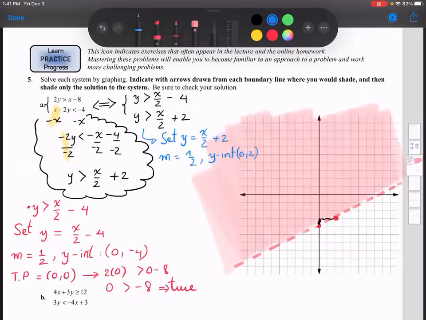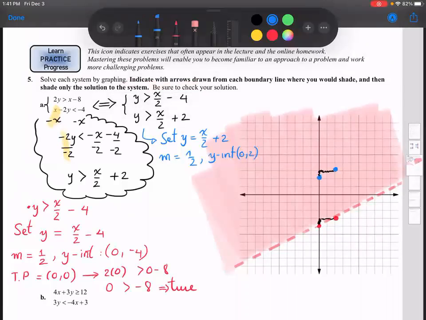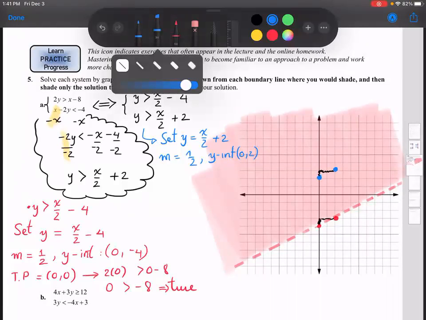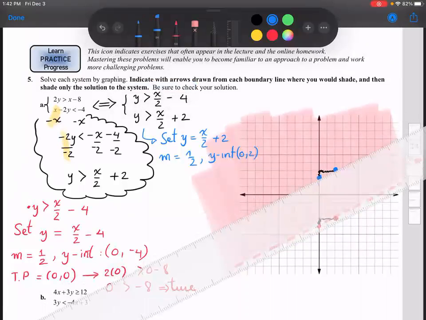Yeah, 0, 2, right here. And then rise 1, run 2. And then do you graph a dashed line or solid line? Dashed, another dash.